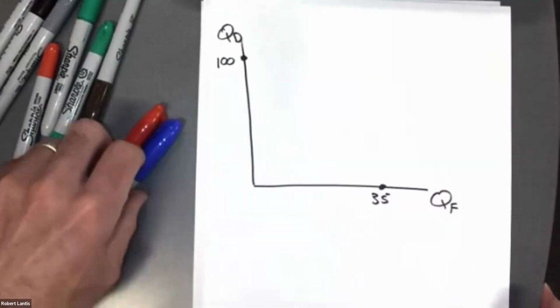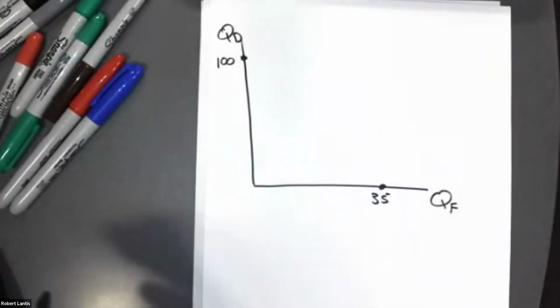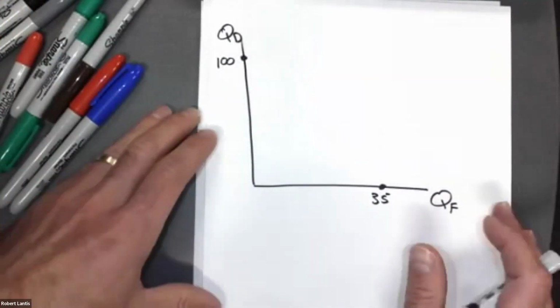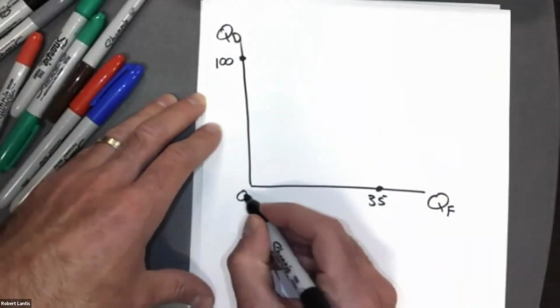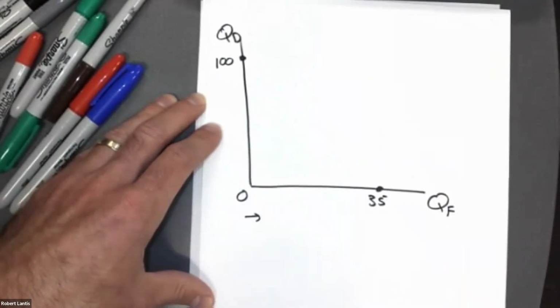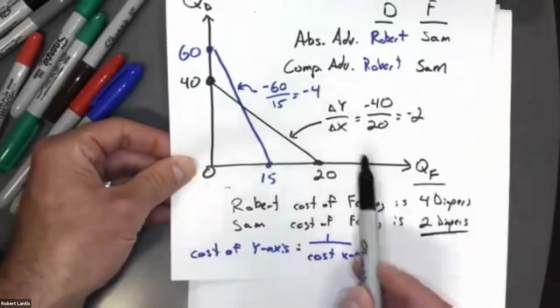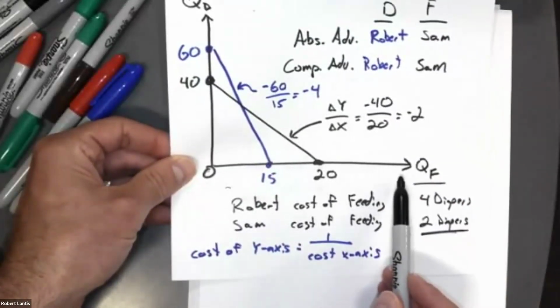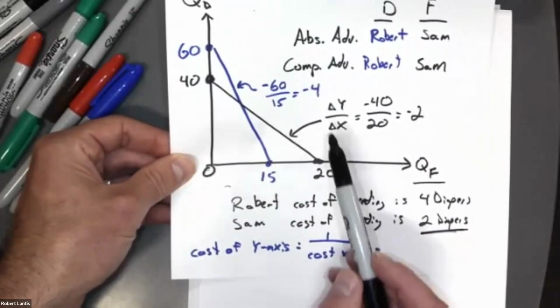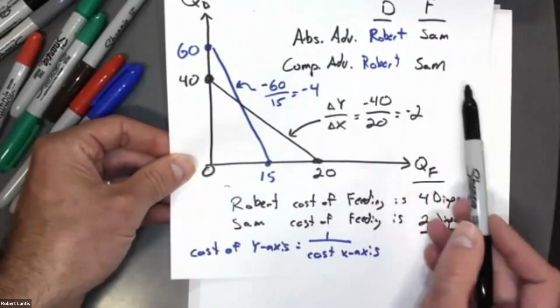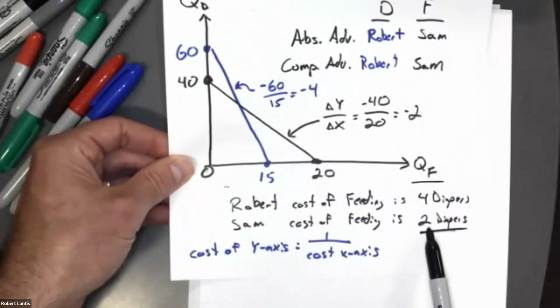Those are the easiest points to determine whether or not they're on our production possibilities curve. Now, when we start to look at an economy-wide production possibilities curve, where we're looking at more than just one individual, who are we going to rely on to first start producing that x-axis good, or doing these feedings? Well, who could do it at a lower cost? We said that comparative advantage was Sam, right? It only cost her 2 diapers.